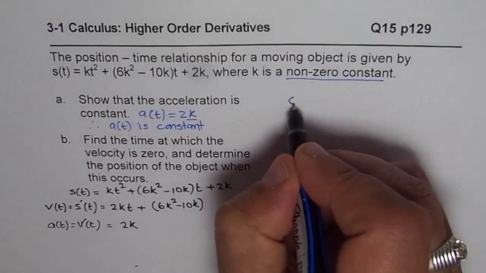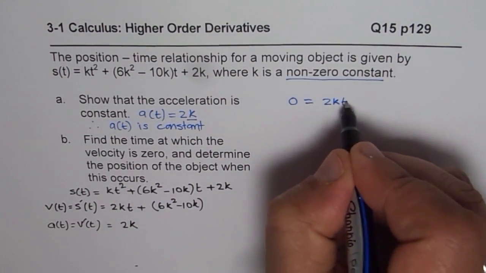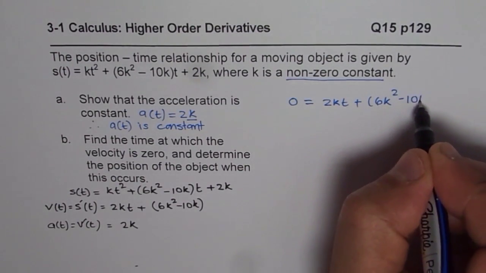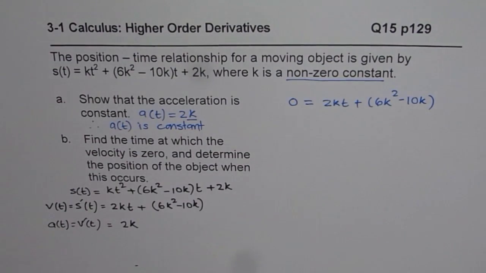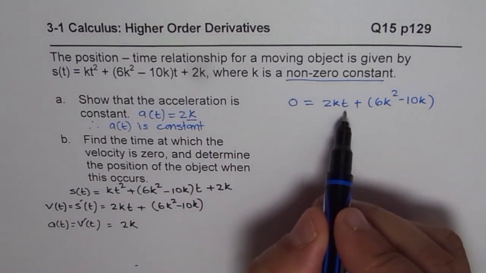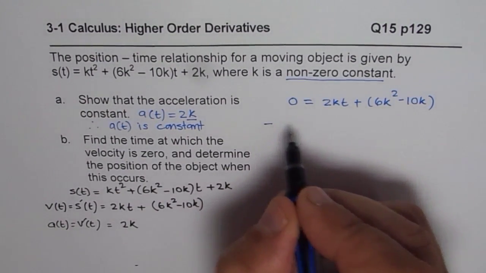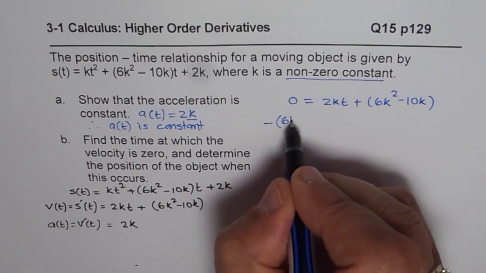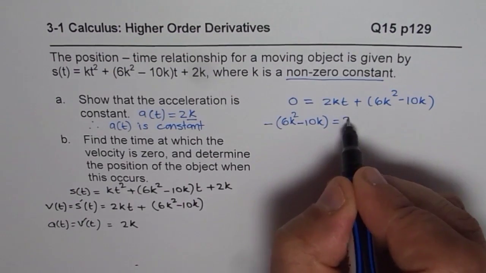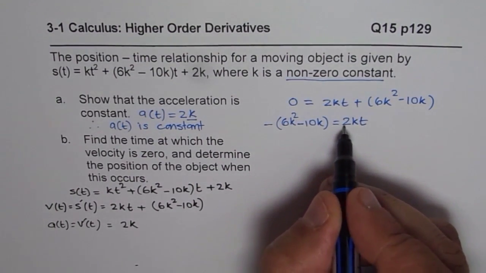So we'll solve for 0 equals 2kt plus 6k square minus 10k. Now here is t, which you want to isolate, so we'll take all these terms to the left side. So we get minus of 6k square minus 10k equals 2kt. You can open this bracket and divide by 2k.